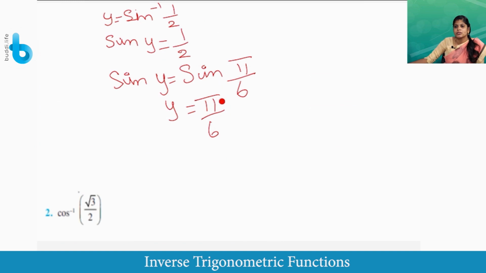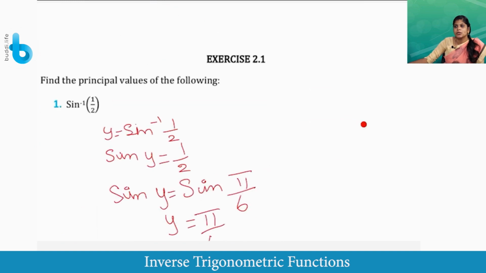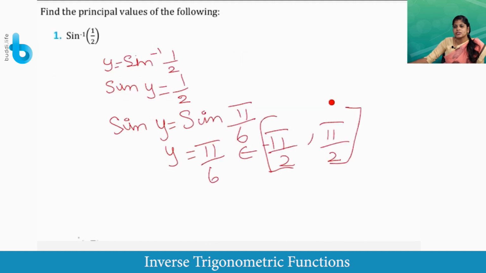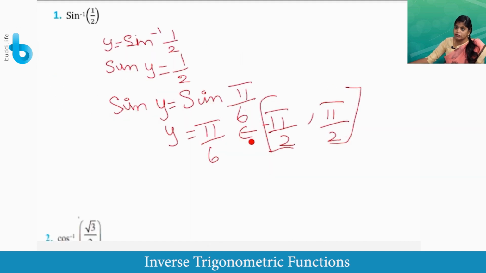So pi by 6 falls under this range, minus pi by 2 to pi by 2. So this is the principal value. If the value of y doesn't fall in this range, you should write that it does not belong to this range.